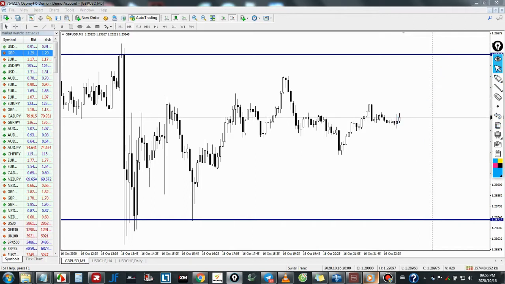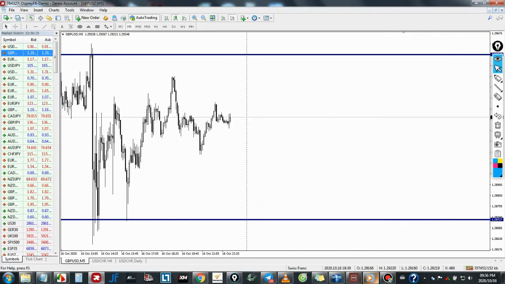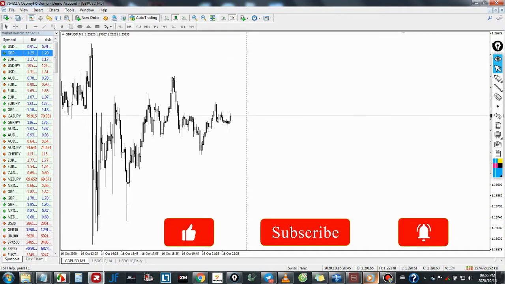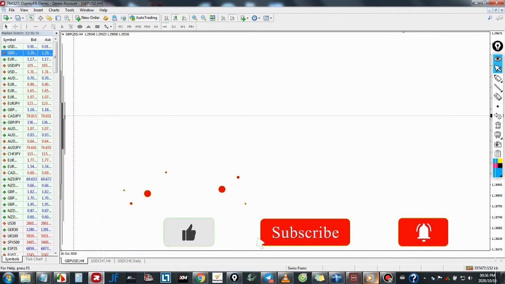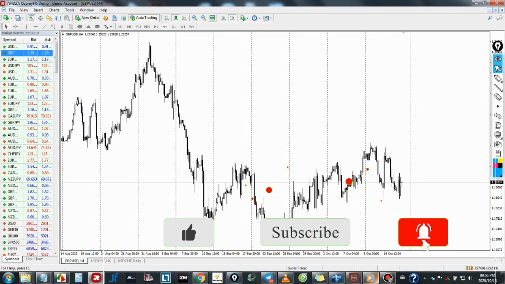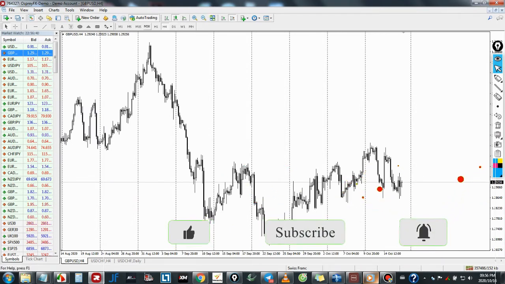So right now I wouldn't even try to validate this range. I'm just gonna go straight to the 4 hours time frame and see if we can identify any ranges there, so that we can go to the next rules of trading these ranges.